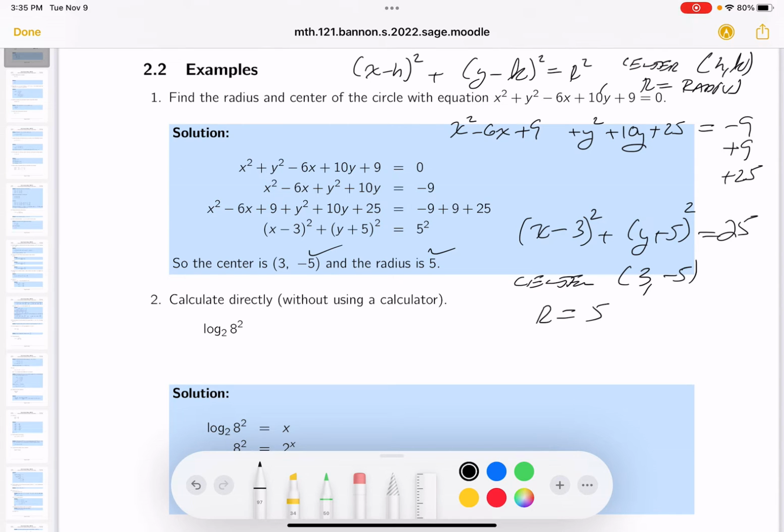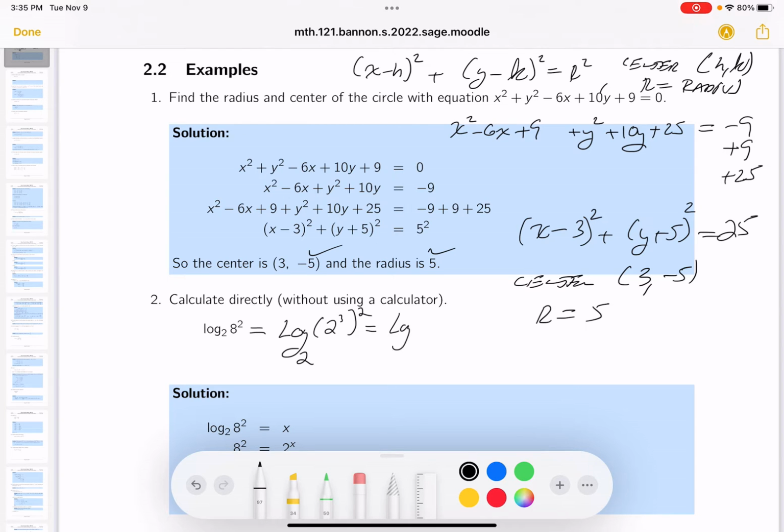All right, this one over here, they want me to calculate this thing without using a calculator, and this is a log base 2 problem. So what I'm going to do is I'll write the 8 as a base 2, and I'll do that pretty simply. This is going to be log base 2, and 8 as a base 2 would be 2 cubed. Well, it's going to be 2 cubed to the second power. Now, what does that give me? Let me write this down for you.